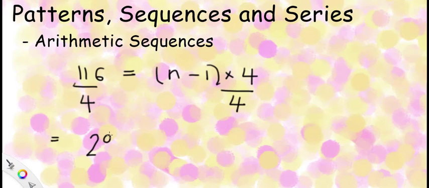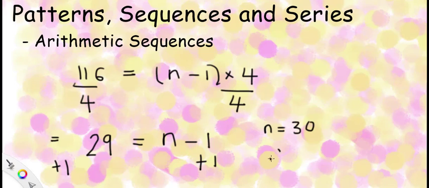You need to use your calculator to do this. Is equal to, and the 4's cancel out, n minus 1. So we add 1 to this side of the equation and we add 1 to there, and in the end we have n is equal to 30. Therefore, term 30 of this sequence is equal to 119.